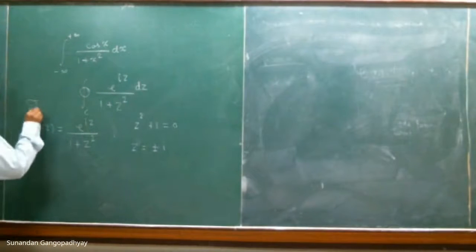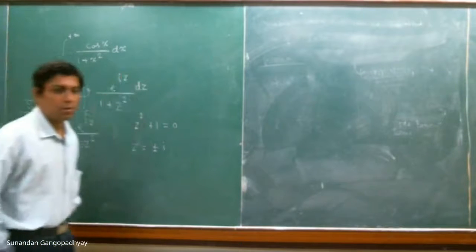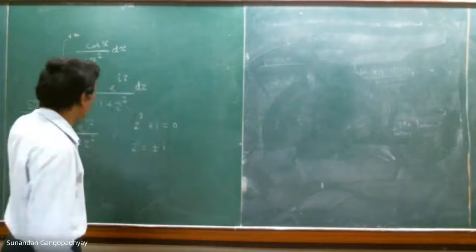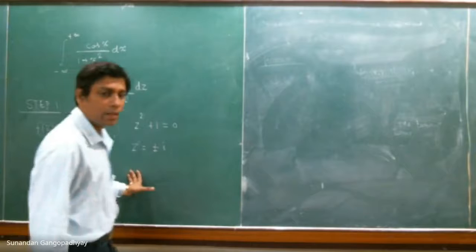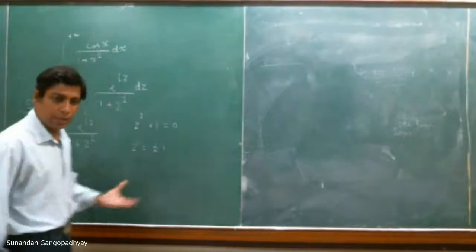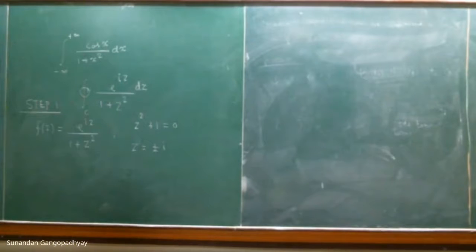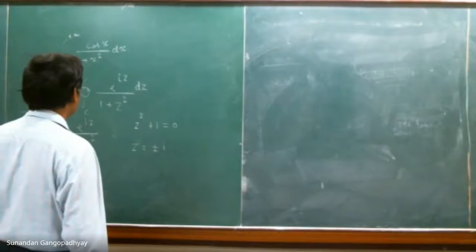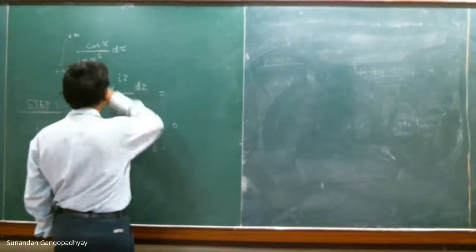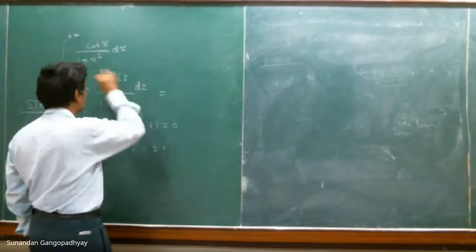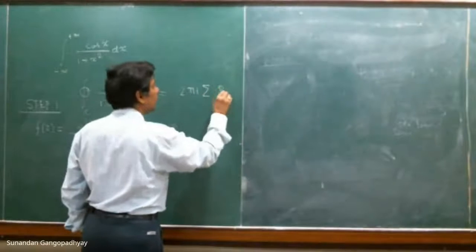So in the evaluation of a contour integral of this form, the first step is to find out the singularities of the integrand, which in this case is a function of a complex variable. Once you do that, since there are singularities, you know that this contour integral will be nothing but 2 pi i times the summation over residues.